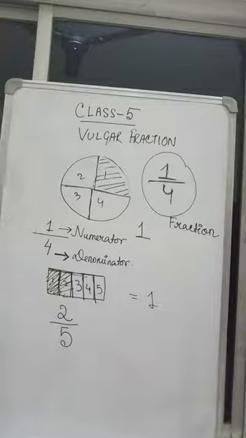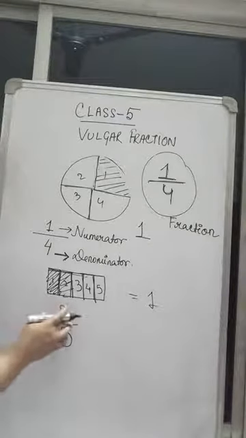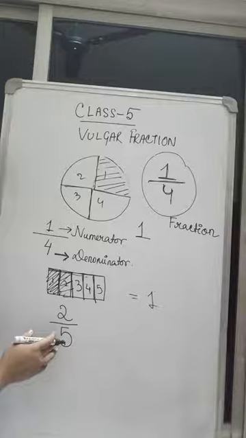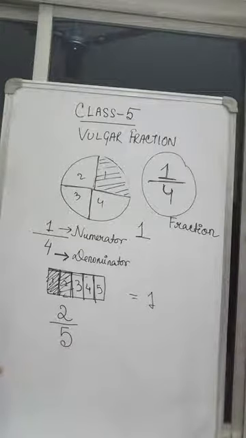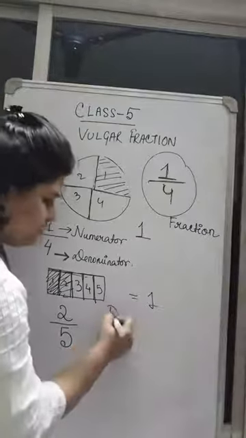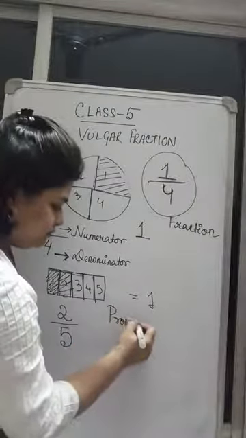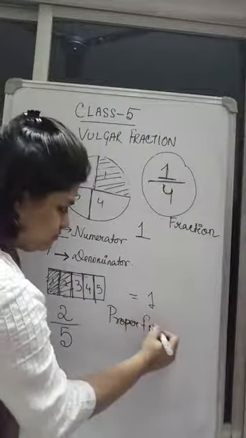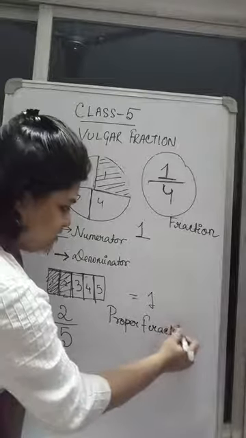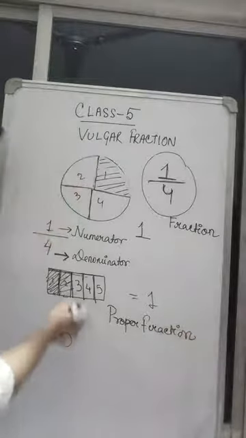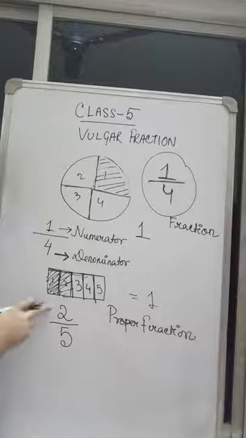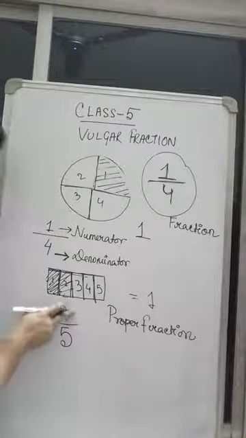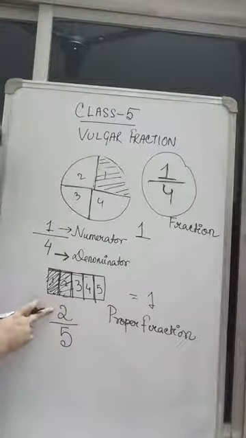Now, fractions where you will see that the numerator value is less than the denominator are known as proper fractions. So what are proper fractions? Proper fractions are fractional numbers where the top part, that is the numerator's value, can you see here it is 2?